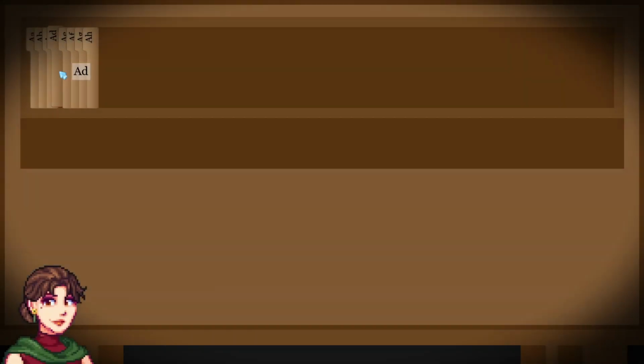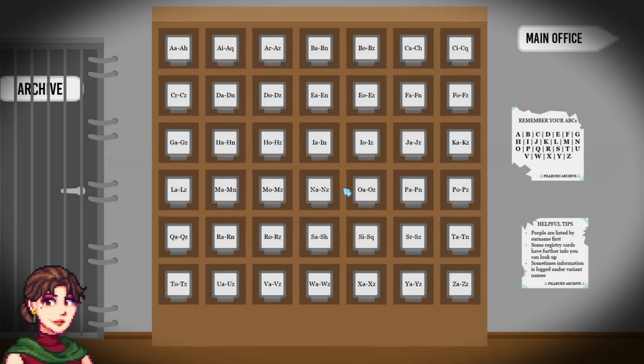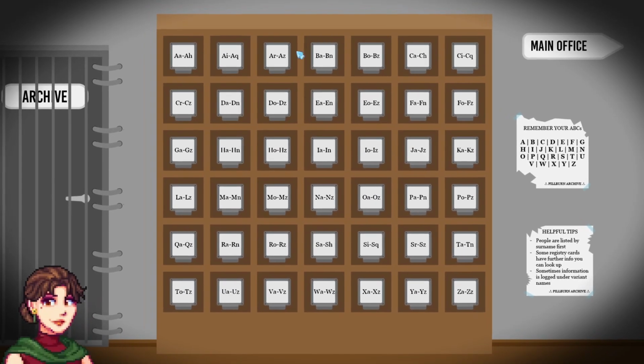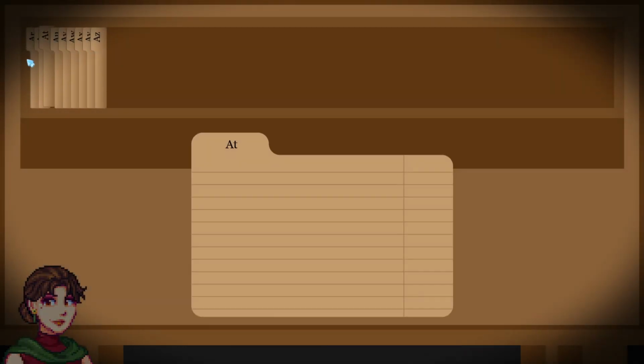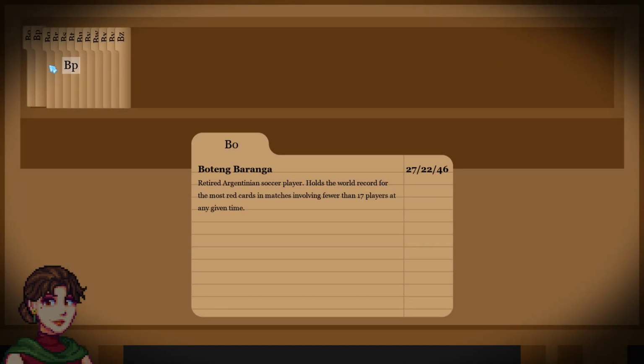Wait, does this change every time? Oh, it's randomized. Oh, that's actually kind of cool. So that means that you can't just cheat. I like it. Okay.